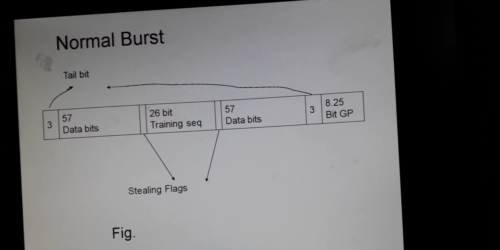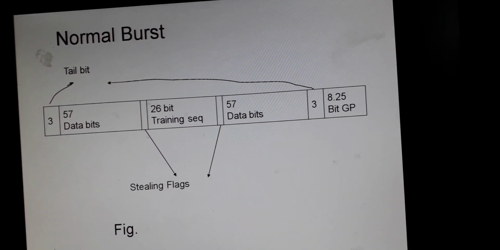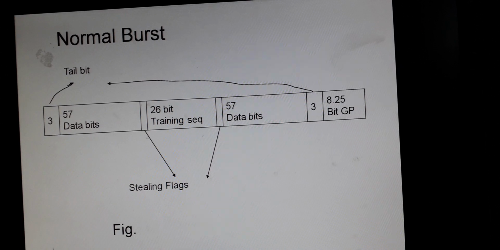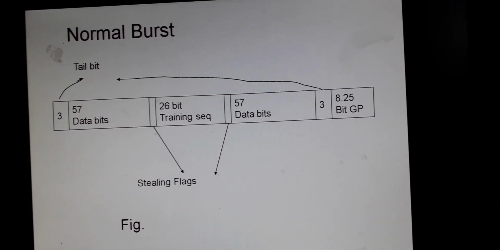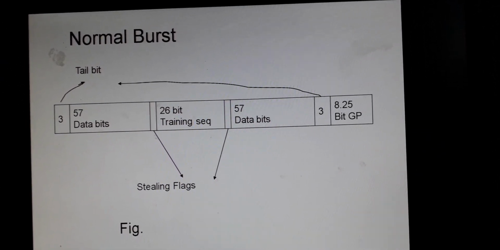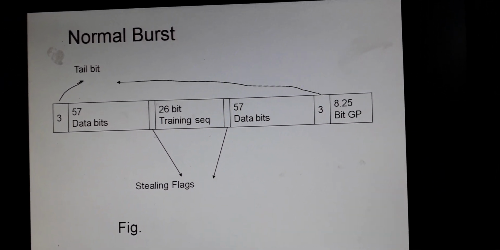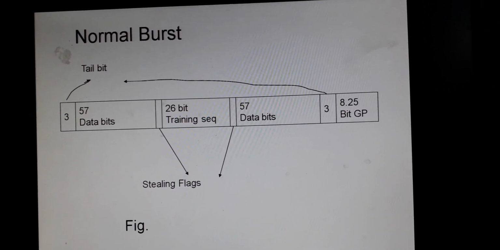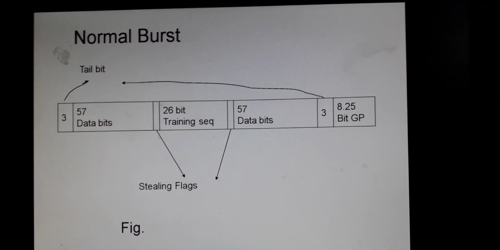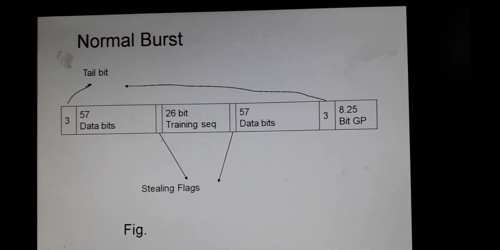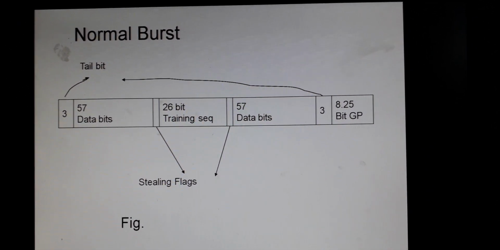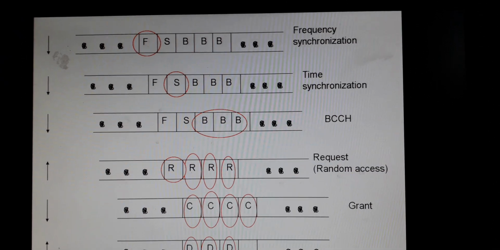The flag is set to 0 whenever these 57 bits contain control information. The flag is set to 1 whenever these 57 data bits consist of traffic channel information, followed by 3 tail bits on both sides, which help to initialize the frequency of the equalizer of the GSM receiver. Frequency initialization is done by tail bits.